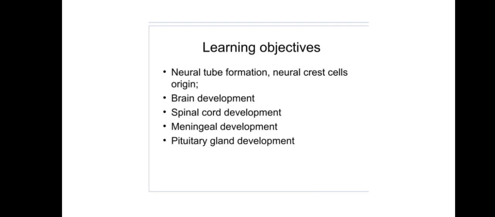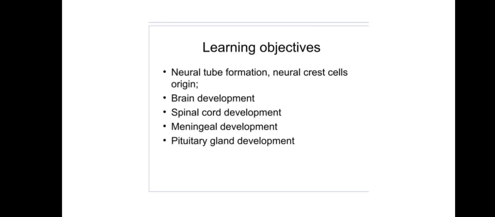Now, brain development sets off at the beginning of the 4th week, whereby at this 4th week, the primary vesicle, the neural tube, will bulge, leading to formation of 3 vesicles or 3 bulges. These 3 bulges have specific names.